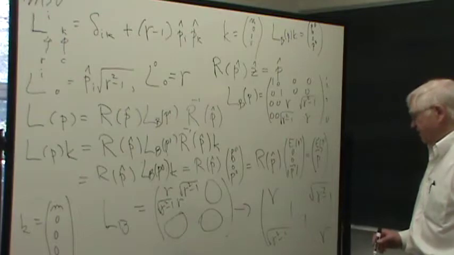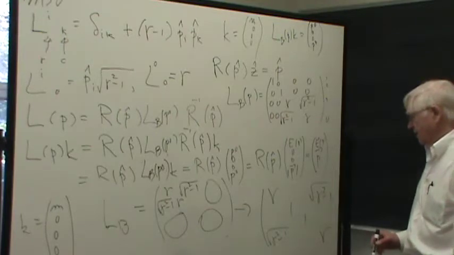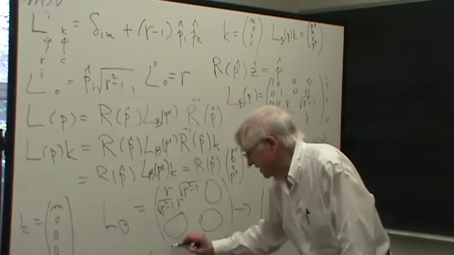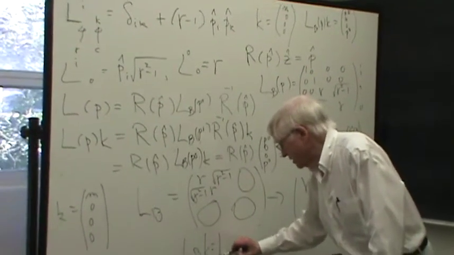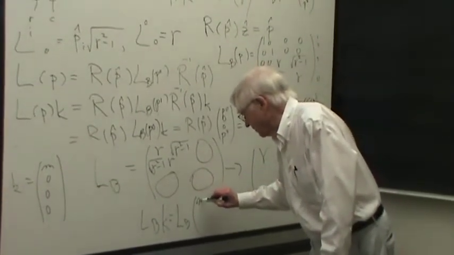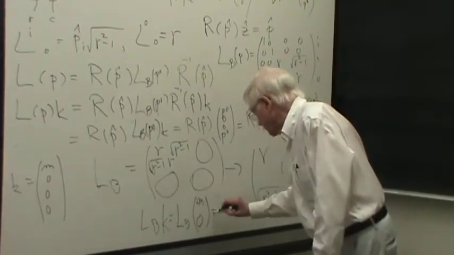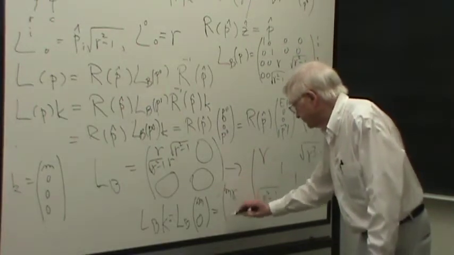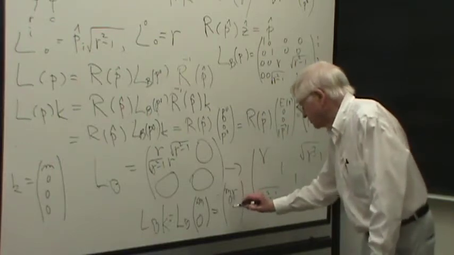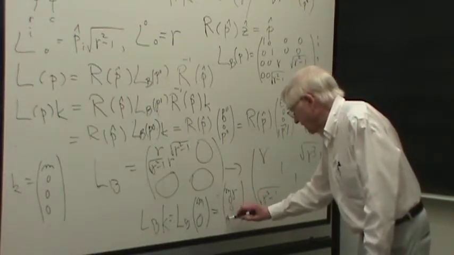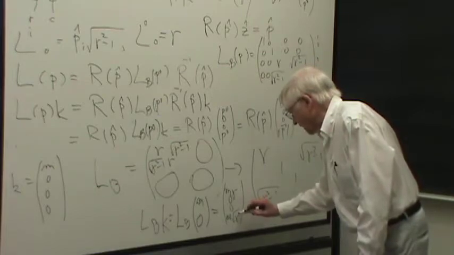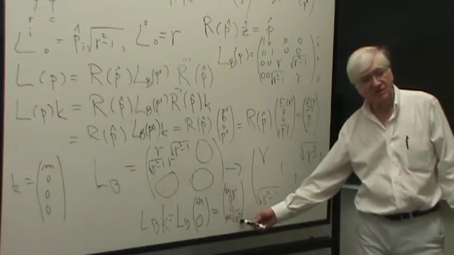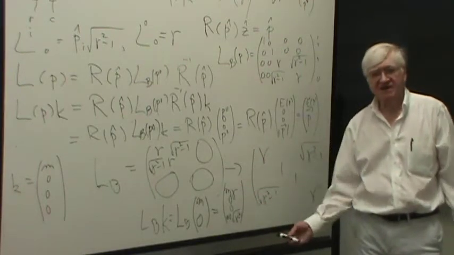And this is probably right though, because this LB then takes K, which is M, 0, 0, 0, into gamma M, 0, 0, M square root of gamma squared minus 1. So this is the energy, this is the momentum, and I think this actually satisfies the correct relation.